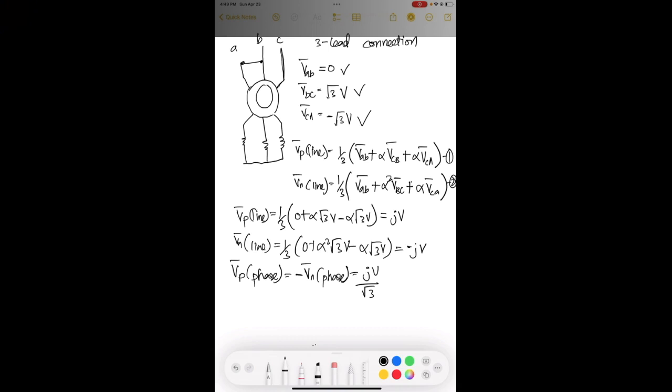Now, for a 2-lead connection, the positive and negative phase sequence components of current are equal in magnitude, but for the 3-lead connection, the phase components of voltage are equal.